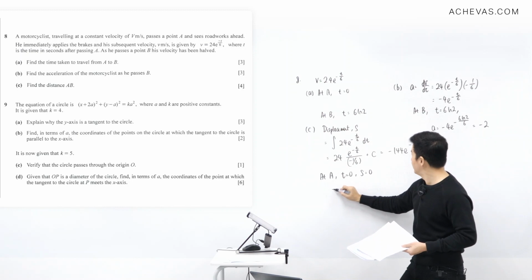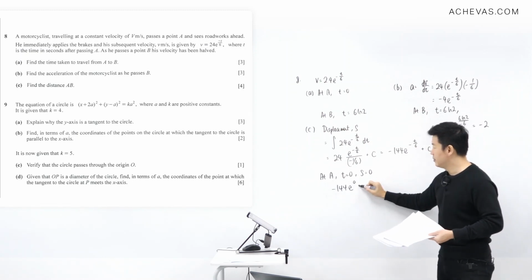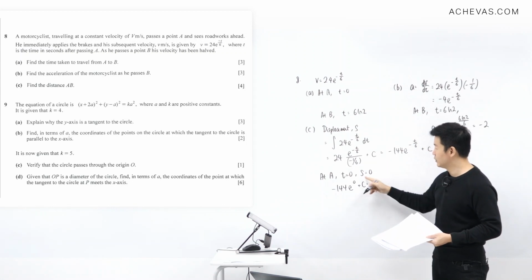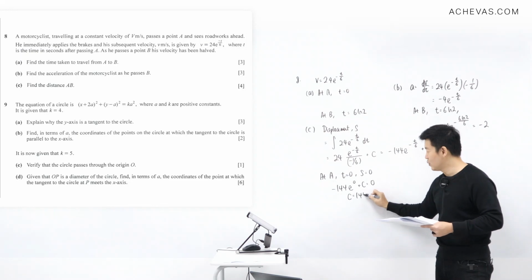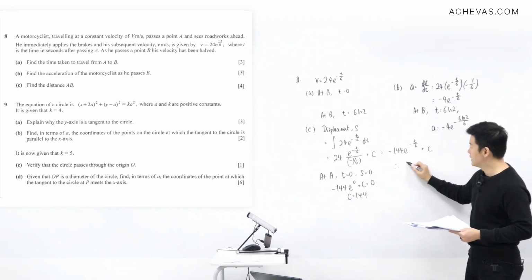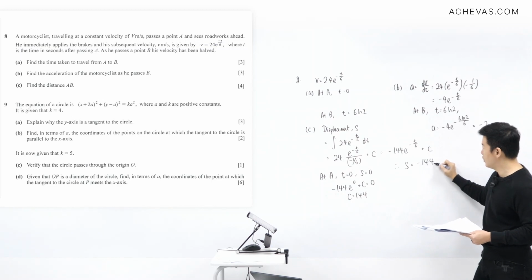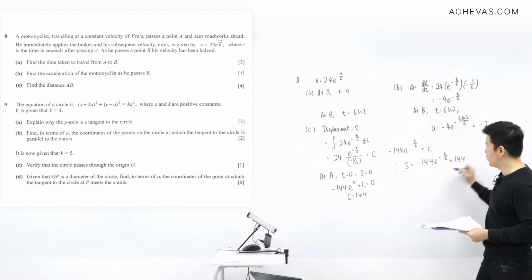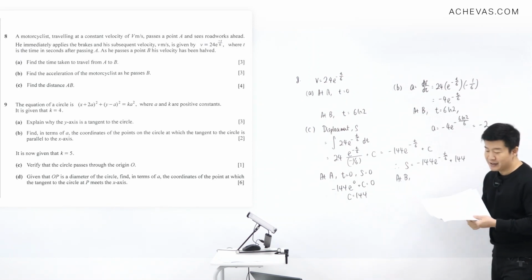So we will have minus 144 e to the power of 0 plus c. This is going to be equal to the displacement, which is 0. This tells me that c here is equal to 144. Therefore, the displacement is going to be equal to minus 144 e to the power of minus t over 6 plus 144.